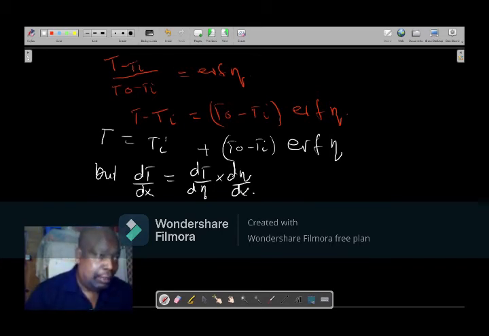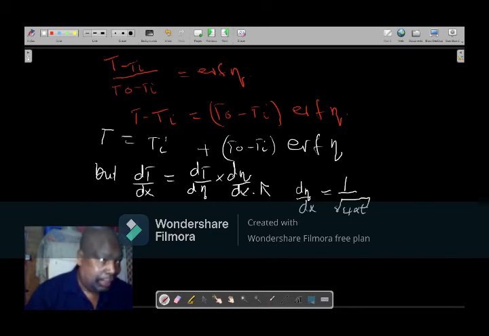And you can recall that d eta by dx is equal to 1 over the square root of 4 alpha t.